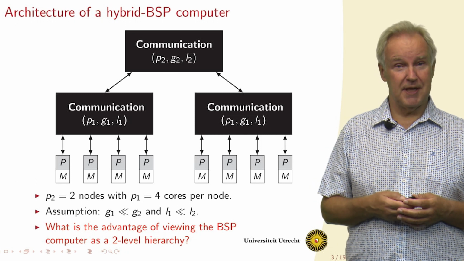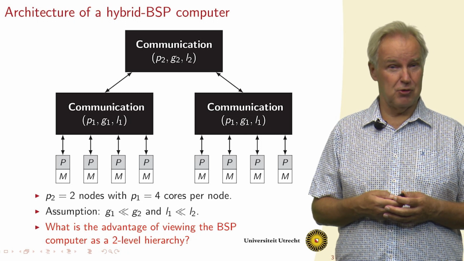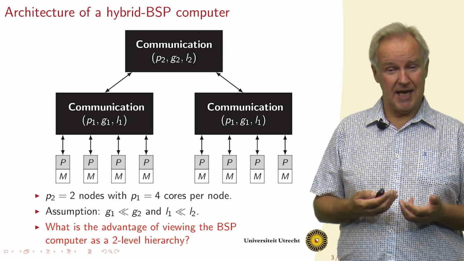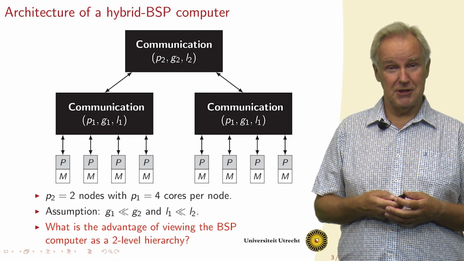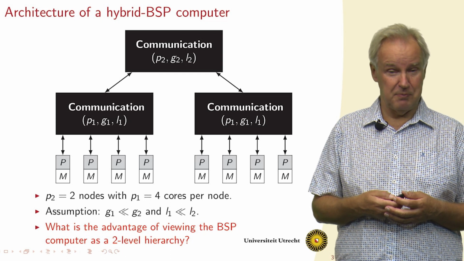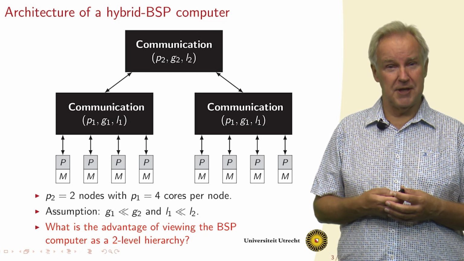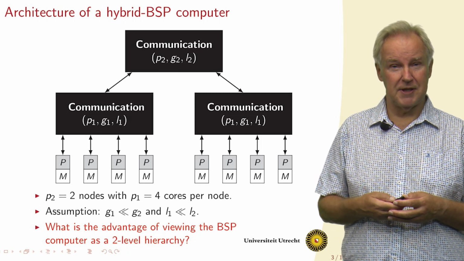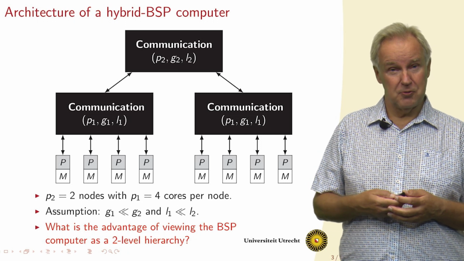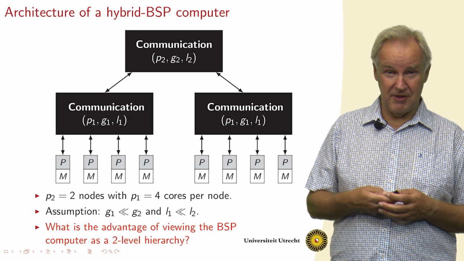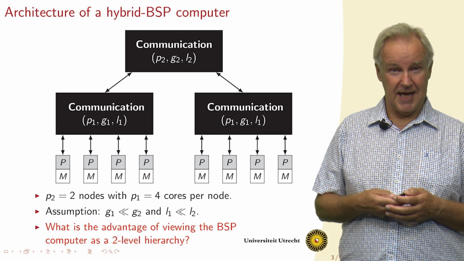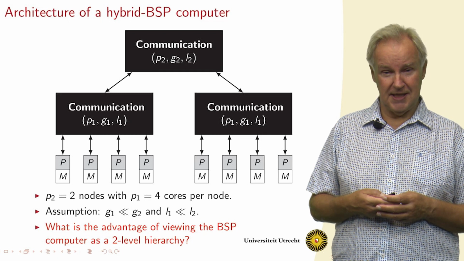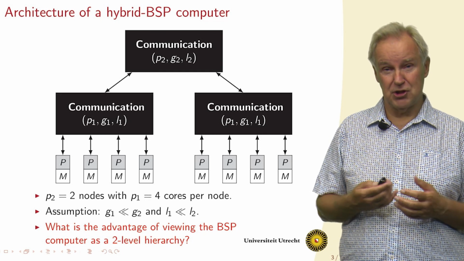Here we see that we have two nodes, each with 4 cores, and each node is itself a BSP computer, and they are also connected as a BSP computer by a communication network, though the network within the node has lower values of G and L than the network of the whole machine.